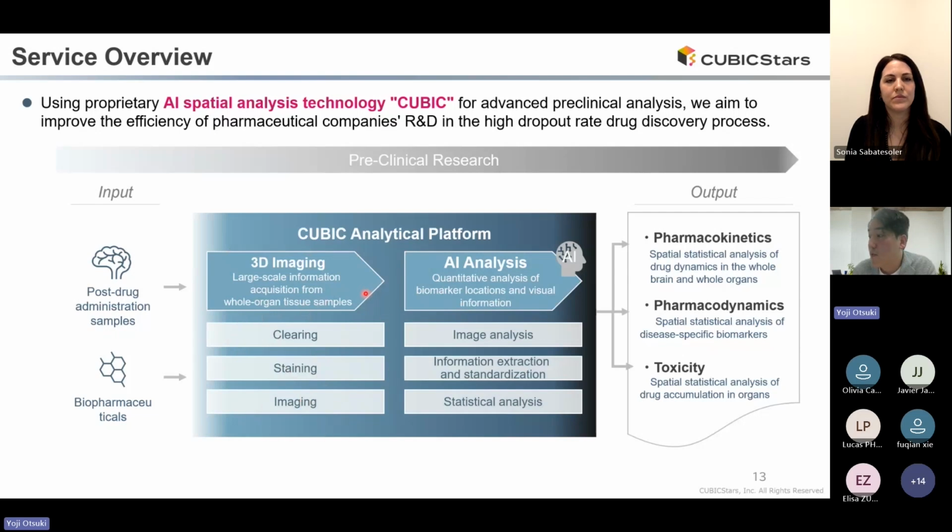We also analyze those data, conducting image analysis and statistical analysis. Finally, we provide PK and PD tox reporting, which can be directly used for drug evaluation.